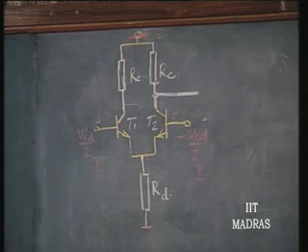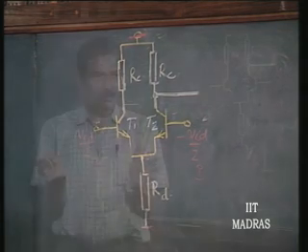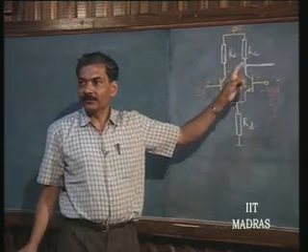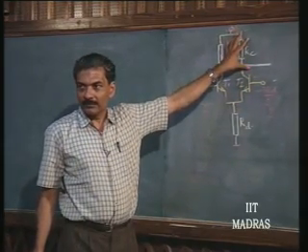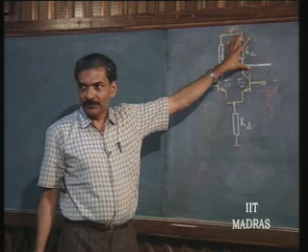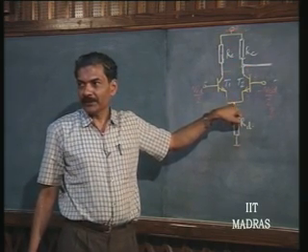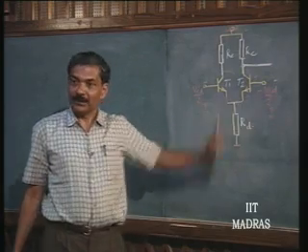That means the signal applied is only differential mode. This is a perfectly symmetric circuit, and therefore, the potential at this point, which is the common point in the symmetry, is going to be 0 at all times.